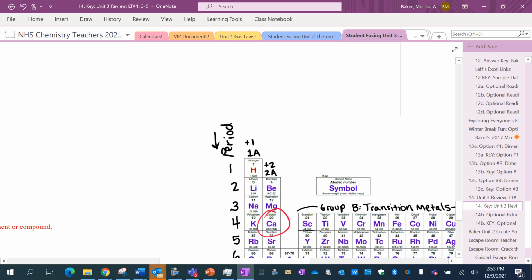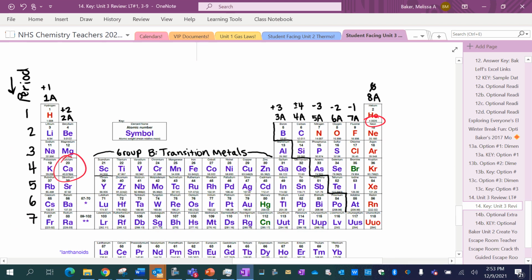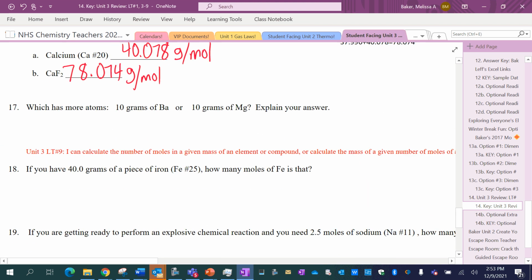Which has more atoms, 10 grams of barium or 10 grams of Mg, magnesium? Well, let's see. Barium has a mass of 137.33 grams per mole, and Mg is like 24.31 grams per mole. So Mg atoms are smaller.